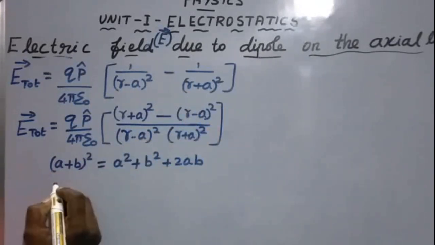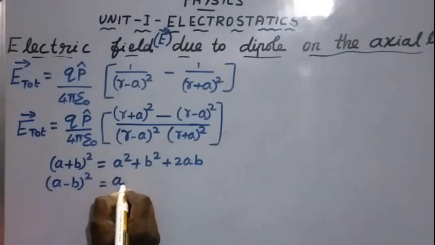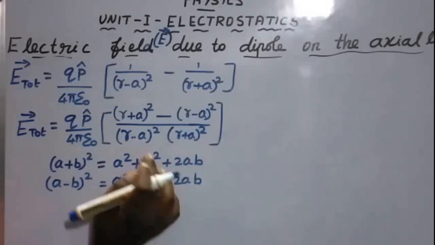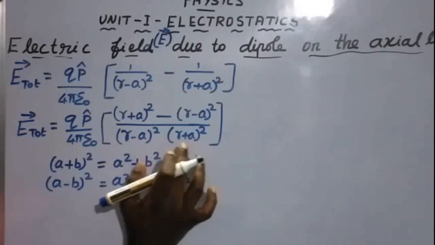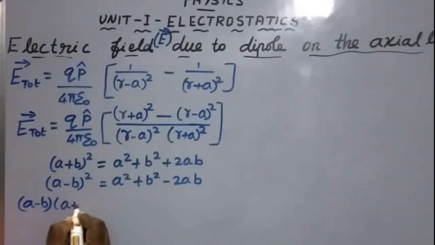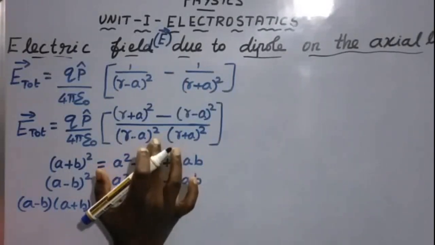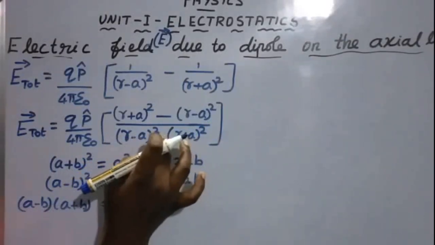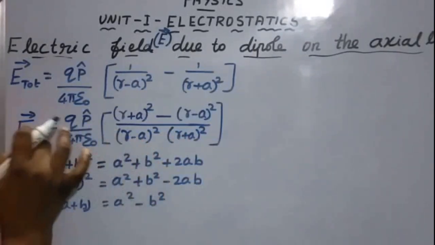Now this term is in the form of (a minus b) the whole square, which is equal to a square plus b square minus 2ab. Now in the denominator, (r minus a) into (r plus a) is in the form of (a minus b) into (a plus b), which is equal to a square minus b square. Here don't think about this square, just take this as (r minus a) into (r plus a). Now we are going to insert these 3 formulae in this equation.